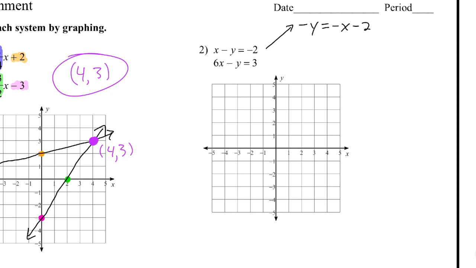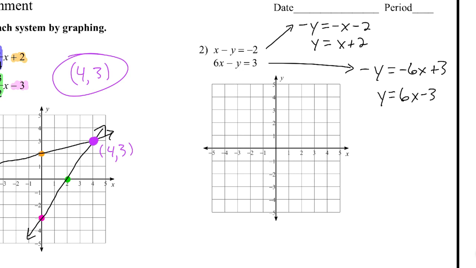Now I'm going to multiply through by -1 on all of these, so I'll get y is equal to x plus 2. And then here, I'm going to subtract 6x, so I'll have -y is equal to -6x plus 3. Again, multiplying through by -1, I get y is equal to 6x minus 3.